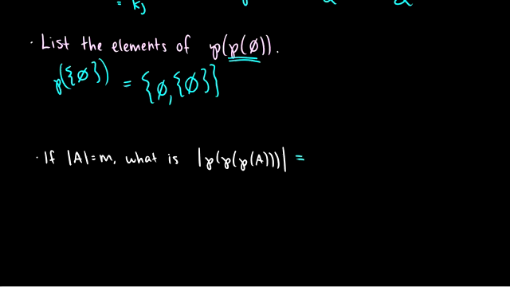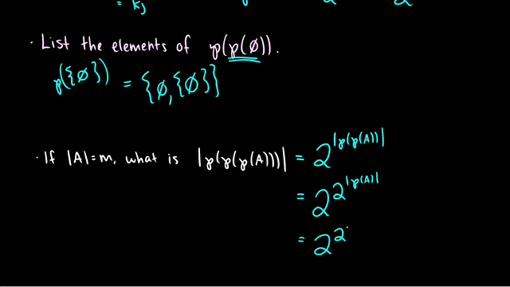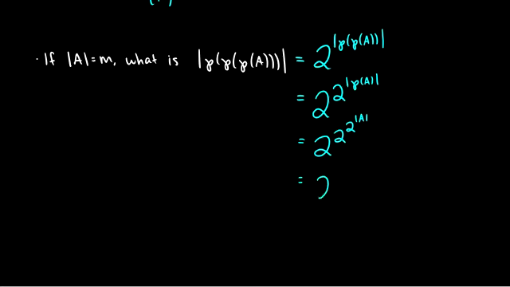This is just going to be equal to 2 to the size of the power set of A. Okay, and this is just equal to 2 to the 2 to the size of A, which of course is equal to 2 to the 2 to the 2 to the M. So once again, your professor, if he's really sadistic, could just ask you about the cardinality of the power set of the power set of the power set of the power set of some set, and ask you for the size.